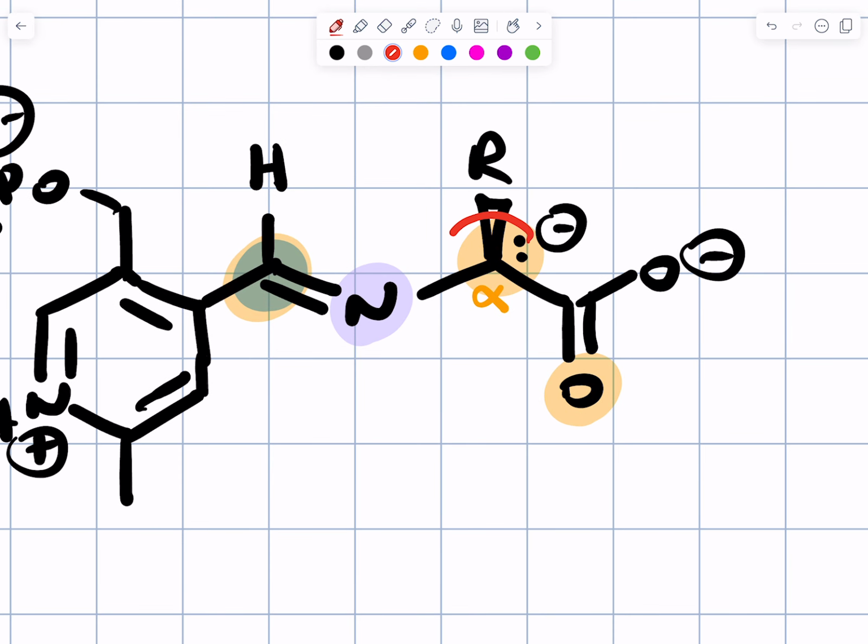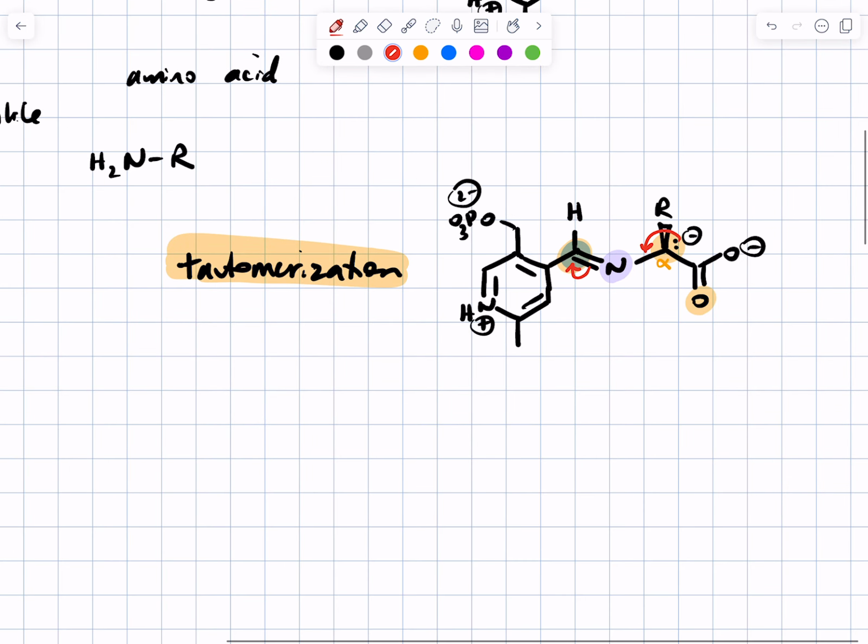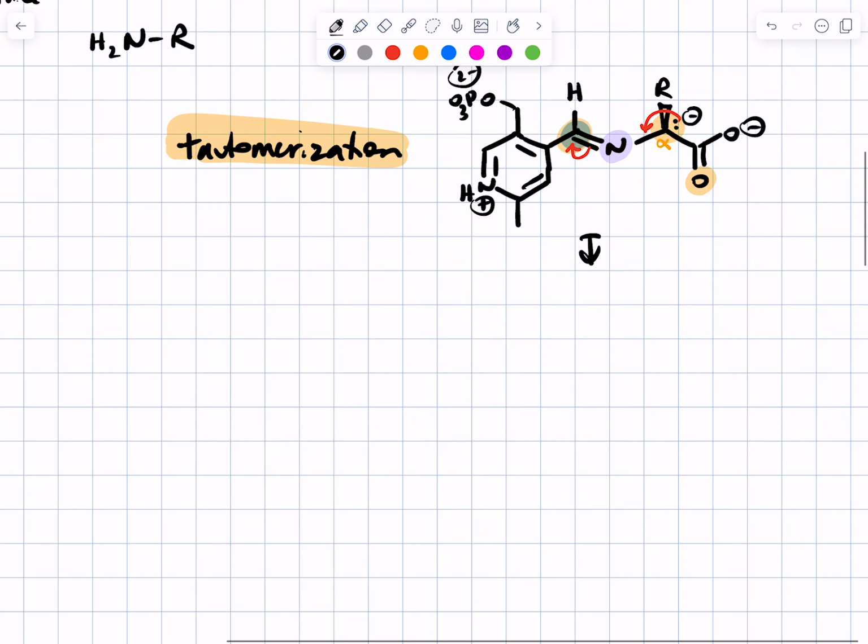I'm going to just use arrows to draw that resonance structure, and we'll use our double-headed resonance arrow to indicate this. Because I feel bad for you, I actually do care. I'm going to slow down and we'll actually draw the molecule again.